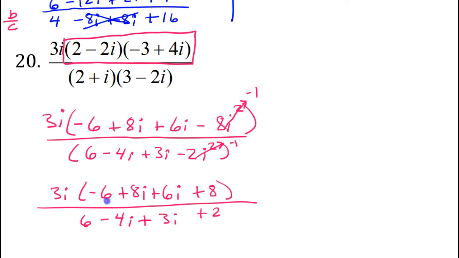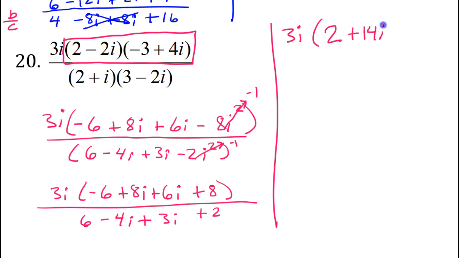Okay, so combining like terms. So I've got this 3i. Negative 6 and 8, that's 2. 6i and 8i are 14i. 6 and 2, that's 8. Negative 4i and positive 3i, that's negative i.